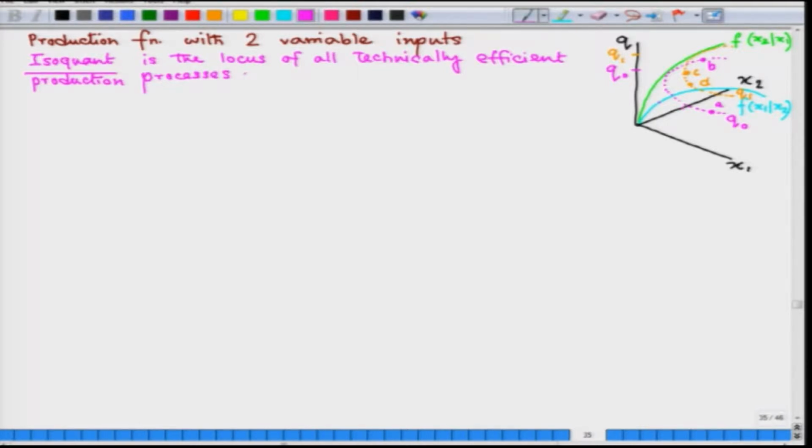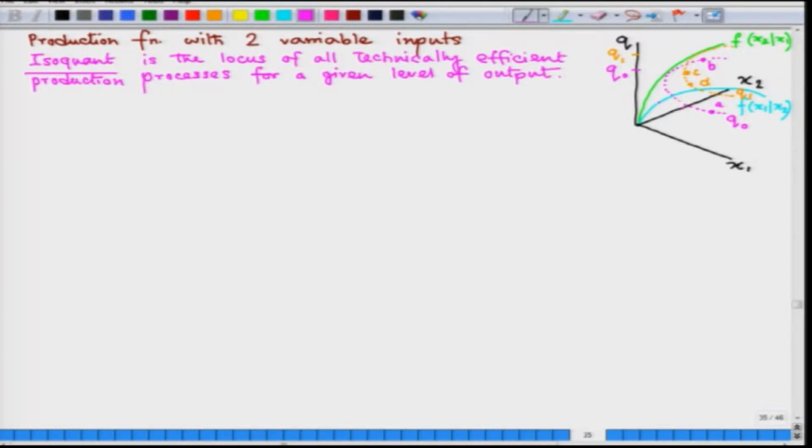What do we mean by production processes? These are basically combinations of factor inputs for a given level of output. In simple words, we can also say that the isoquant curve shows all input bundles that produce exactly the same level of output.